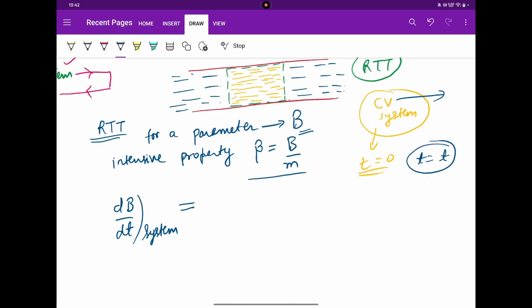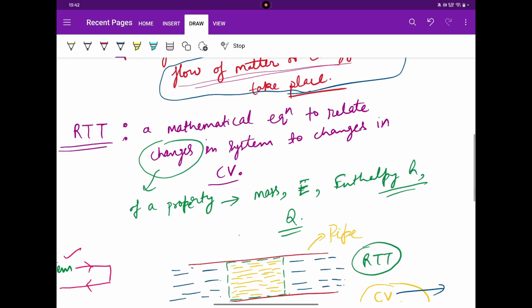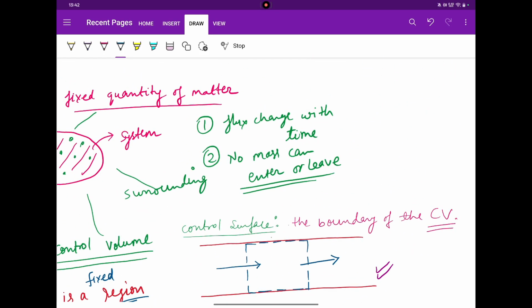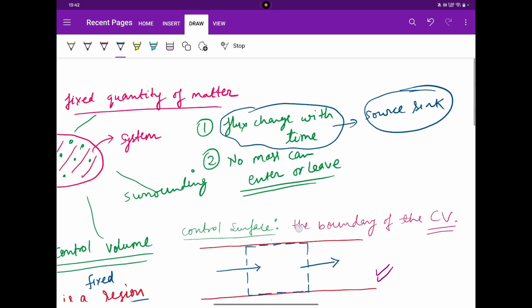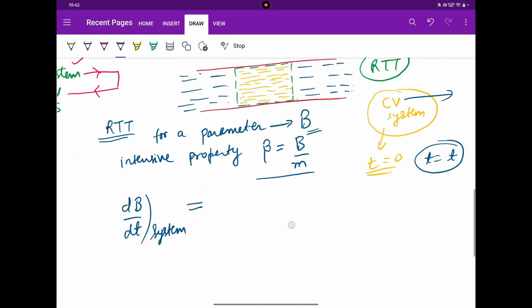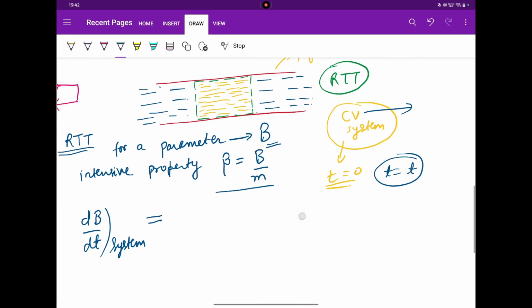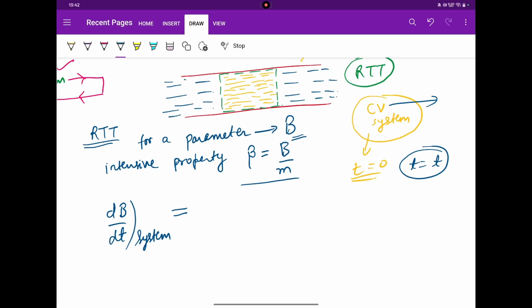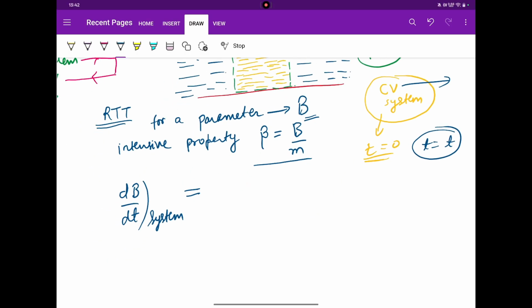There may be some source or sink, a term I was struggling to recall, that could cause a change in a system. If you go back and understand, then you can think of it again. So in the control volume, what would be happening? First of all, changes inside the control volume.